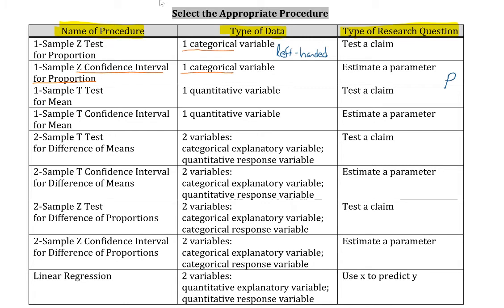However, if we wanted to test a claim about this proportion, to see if this proportion is less than some value, greater than some value, or just not equal to some value, then this is where we would look at a one-sample Z test for a proportion.